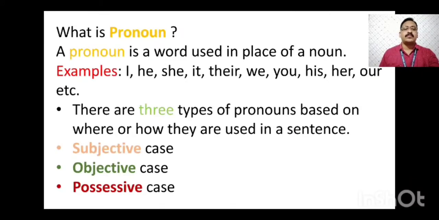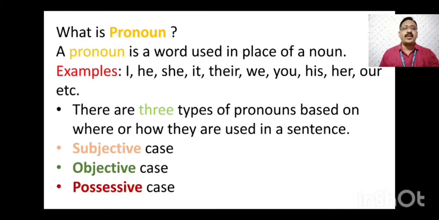What is a pronoun? A pronoun is a word used in place of a noun. Examples: I, he, she, it, there, we, you, his, her, our, etc. These are all different types of pronouns.